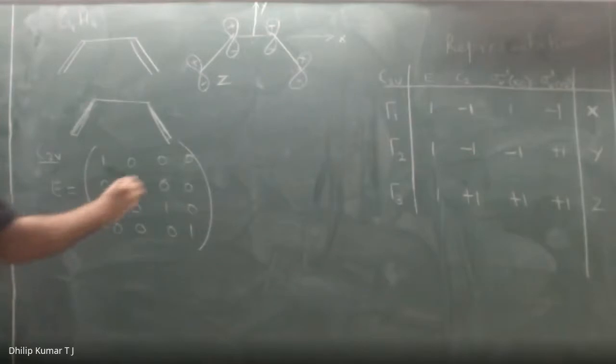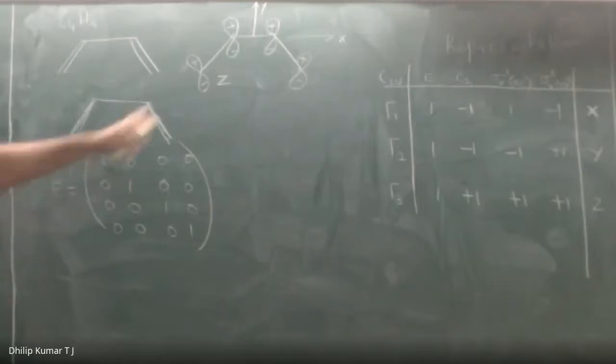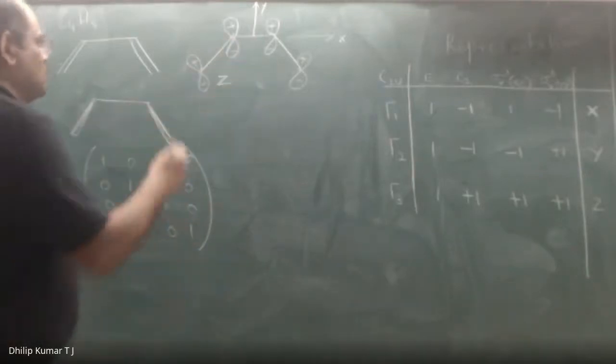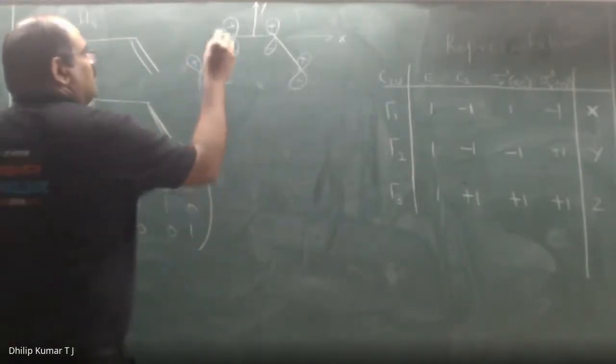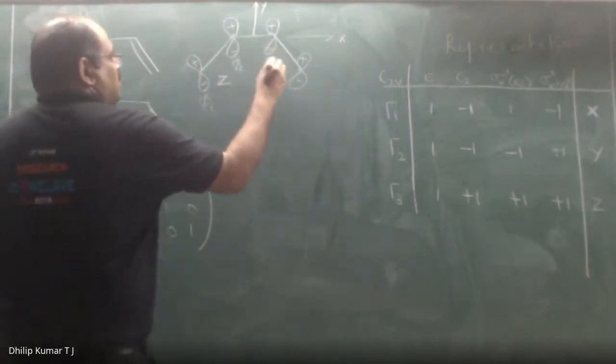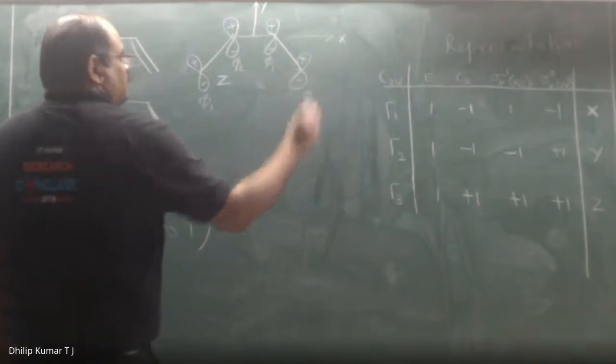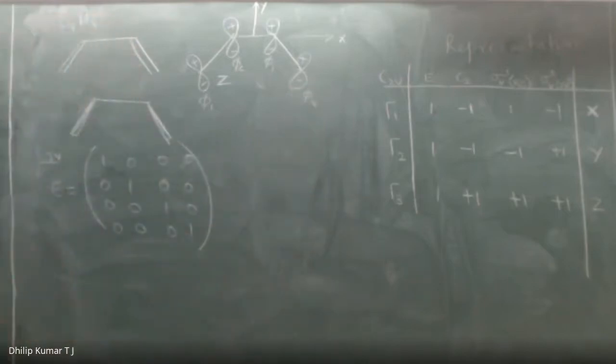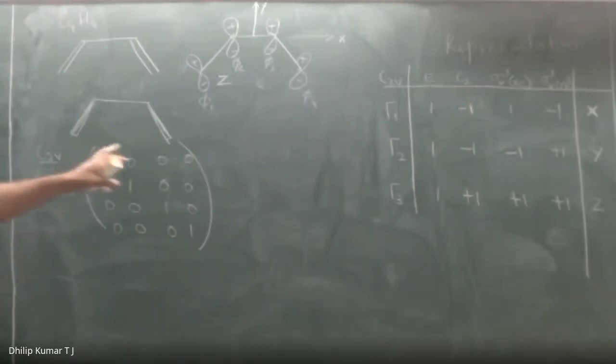Although we are saying XYZ, I'm interested in the 4 lobes. So I call this one phi 1, this is phi 2, this is phi 3, phi 4. I'm interested in how the lobes change with all the symmetry operations. So this is a 4 by 4 matrix, and for E this is not going to change.